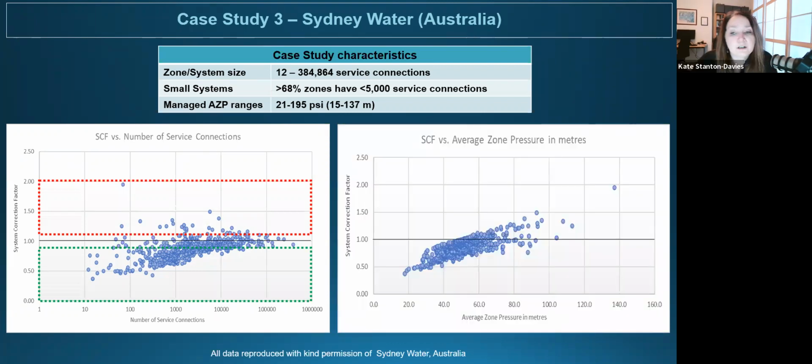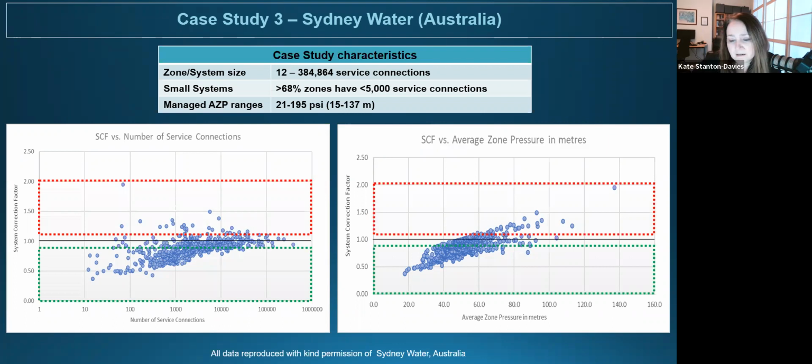And again, if we look at the results as the system correction factor on the y-axis against average zone pressure in metres on the x-axis, we see the relationship that the system correction factor increases as pressure increases. And we can see, again, the spread of results sitting in the green box with an SCF of 0.9 and below, or in the red box with an SCF of 1.1 or higher.